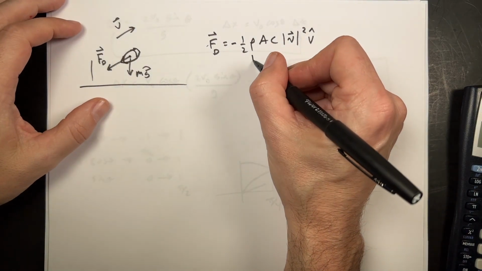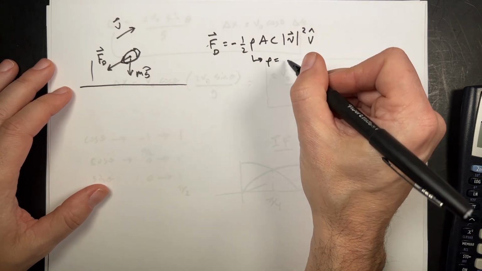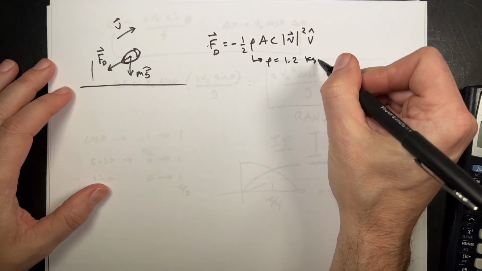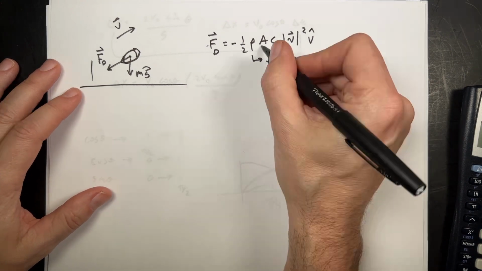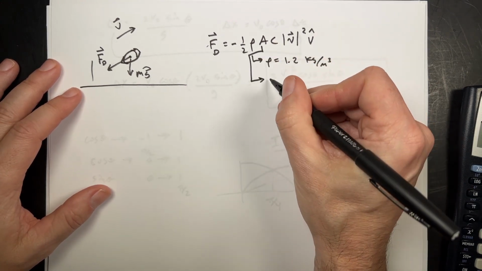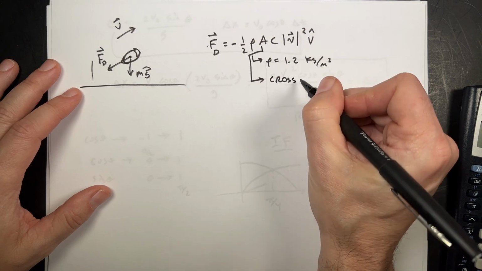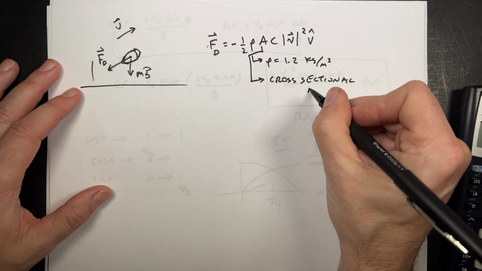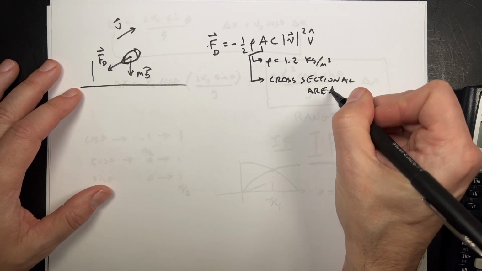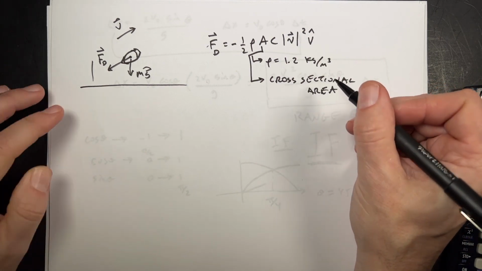So in this expression, rho is 1.2 kilograms per cubic meter. That's the density of the air. A is the cross-sectional area. So a football has a cross-sectional area of a circle. If you look at it, it looks like a circle headed on.